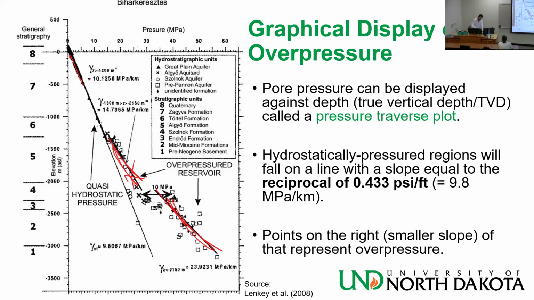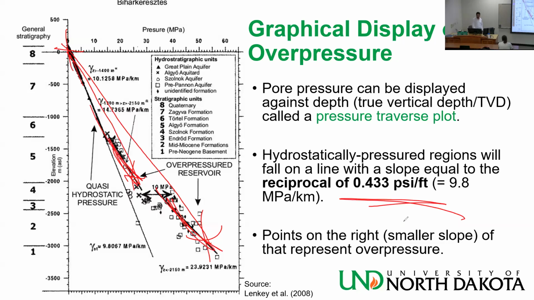If I take a point here and 0, and then a point here and 0, my slope goes down, but the slope is meters per MPa. So it's the reciprocal, 1 over the pressure gradient of the fluid, of the pore pressure.